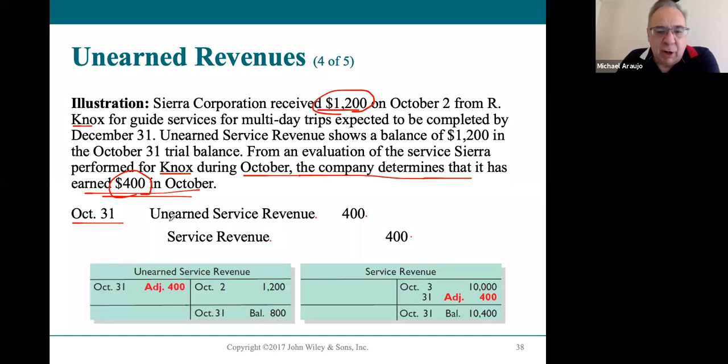Okay. Remember, unearned service revenue is on the balance sheet. Service revenue is on the income statement. This is ours. We've earned it. It should be on the income statement now. So after this adjustment, which is in the journal, this is how it would post in the ledger. Unearned service revenue balance would be reduced now because we earned $400 of that, and service revenue would be adjusted up because we've actually earned more of that.